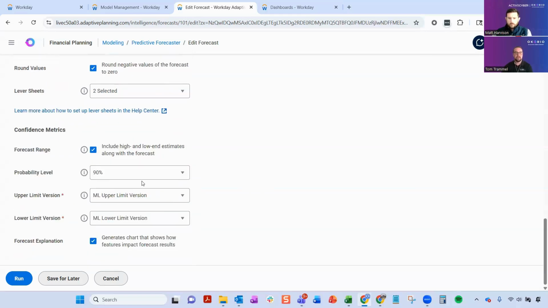Coming down here also, along with the lever sheets, we have a little bit of additional functionality in gaining those confidence metrics. So what this is going to do is allow Adaptive to give you a high and a low. So this could be a best case, worst case version of this forecast. And what that'll do is it'll put each one of those in a separate version.